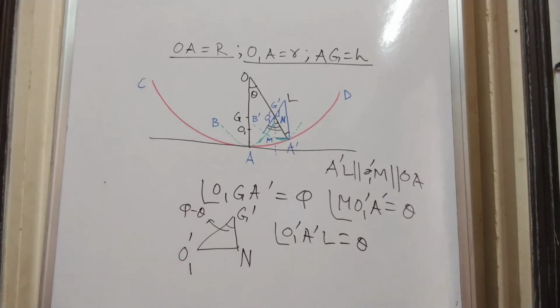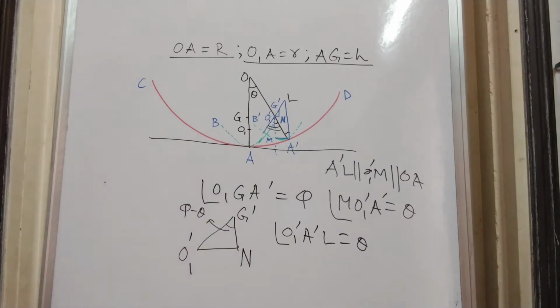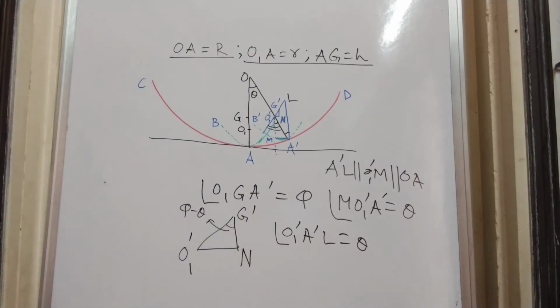Now the physics is that the weight of the body is acting from G prime downwards. And since the smaller body is shifted and A prime is the new point of contact, the reaction moves upwards. Isn't it so?